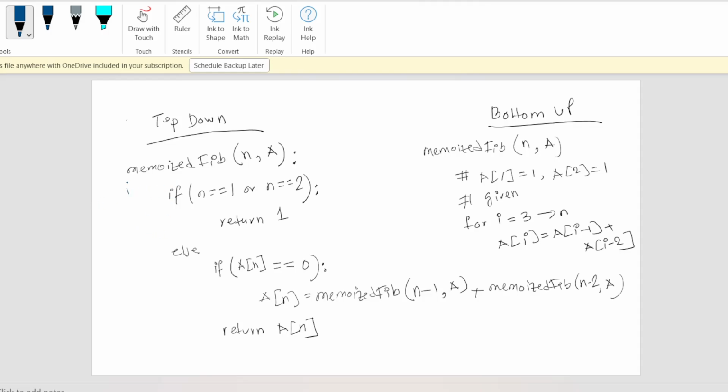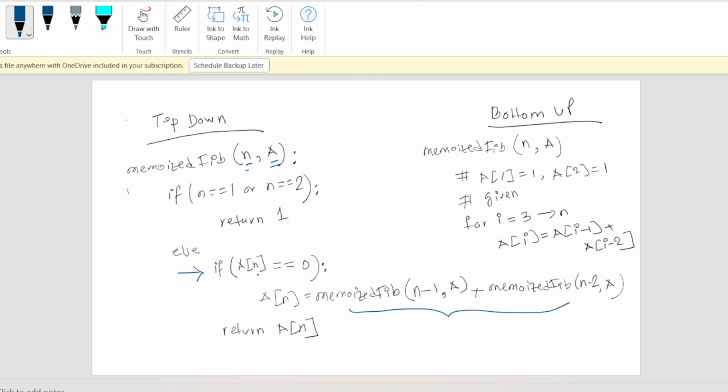So the name of the function is memoized Fibonacci, where we are given the term n and an array. First, we check the base case, of course, that if n equals 1 or 2, we return 1. Otherwise, instead of working out the solution, or instead of going to this line directly, we do a check over here.